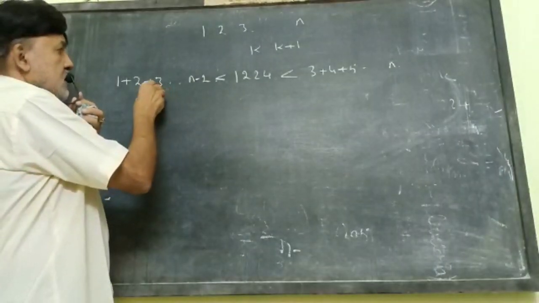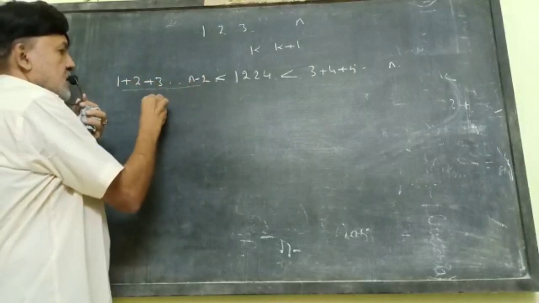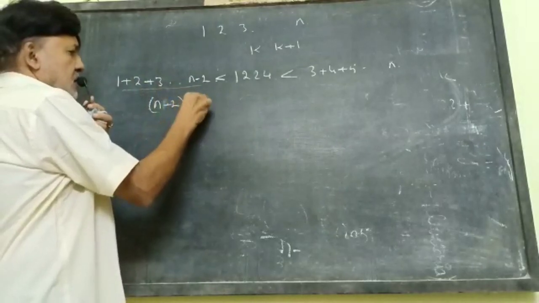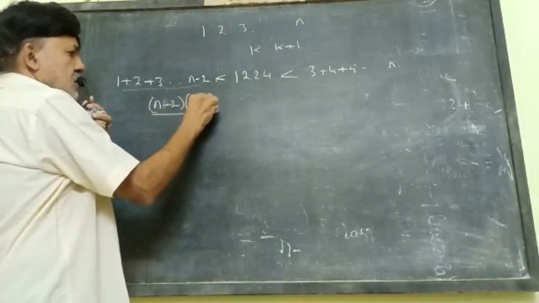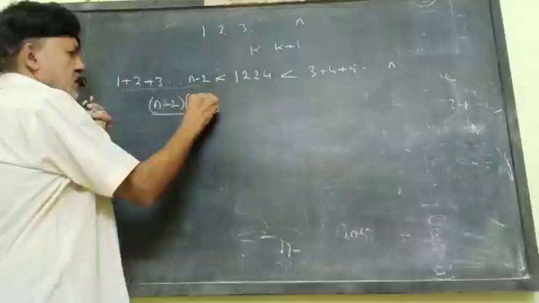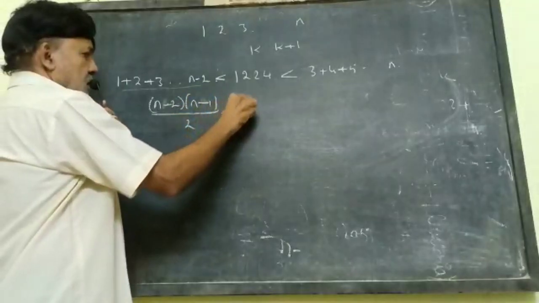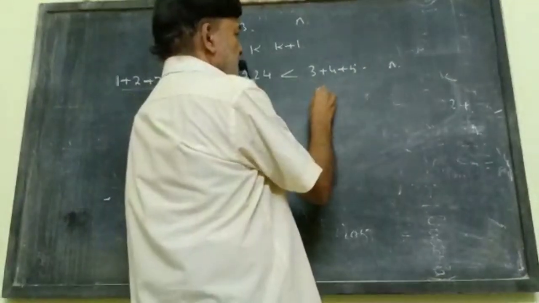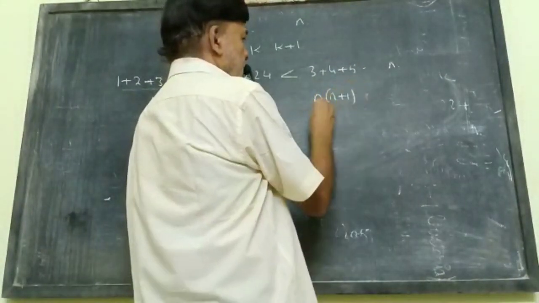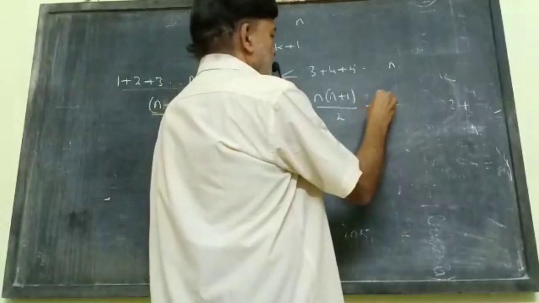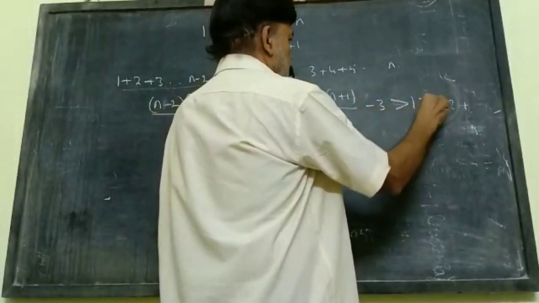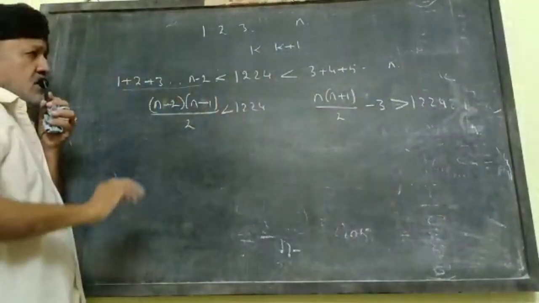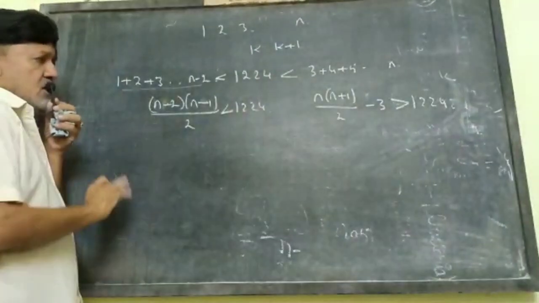Now you consider this sum. This is (n minus 2)(n minus 1)/2 less than 1224, and n(n plus 1)/2 minus 3 greater than 1224. You get two quadratic inequalities that you have to solve.